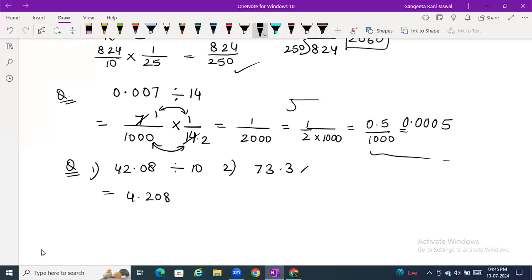Okay, let's take another one. 73.3 divided by 100. What is this now? Yes, say Neha. I got 73330.